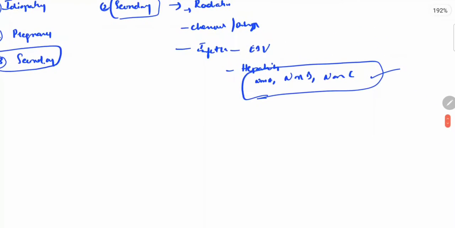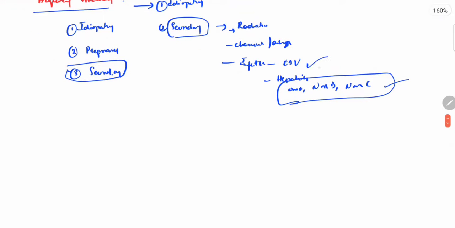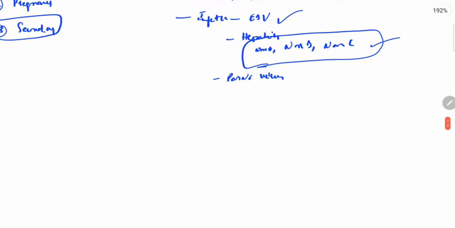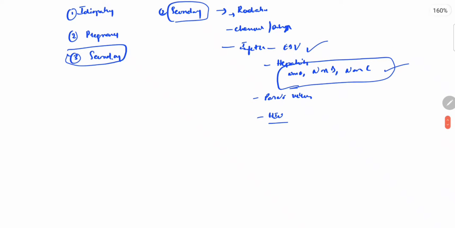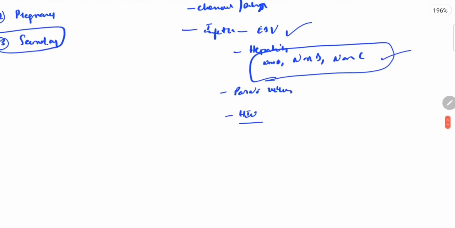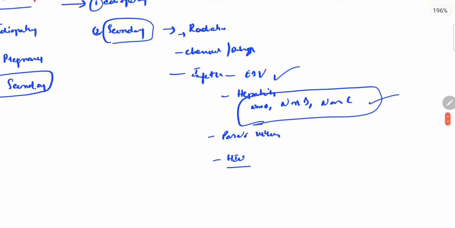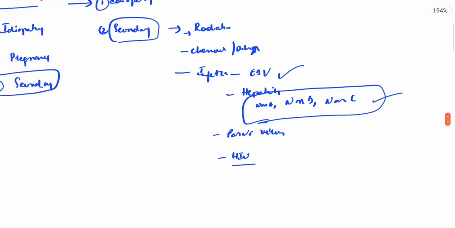Okay. Next, infections like Epstein-Barr virus, parvovirus, HIV, and then drugs. So drugs may sometimes have direct effects, sometimes idiosyncratic reactions.